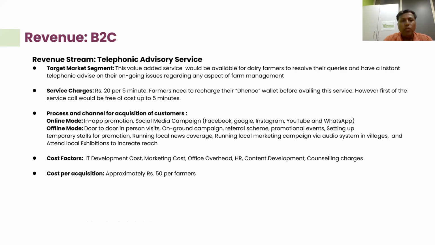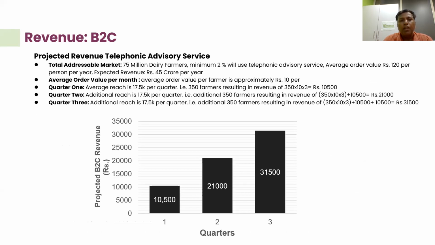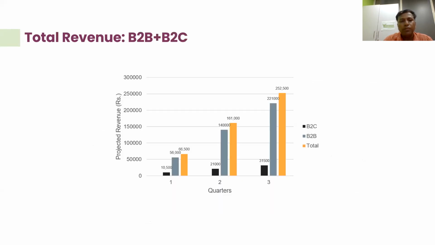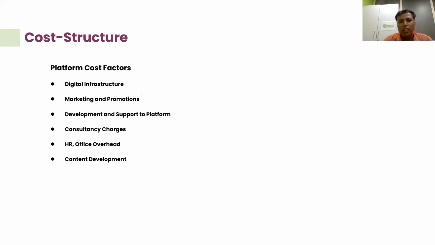We also have revenue that we plan to charge farmers for the value-added services. This is our projected revenue, as I told, for the telephonic advisory service that we are going to launch soon. So these are again financial projections that include B2B plus B2C, as I said.